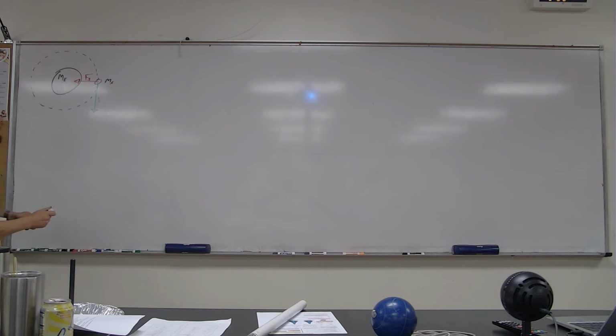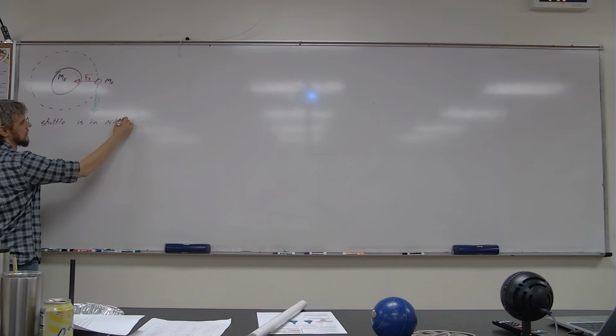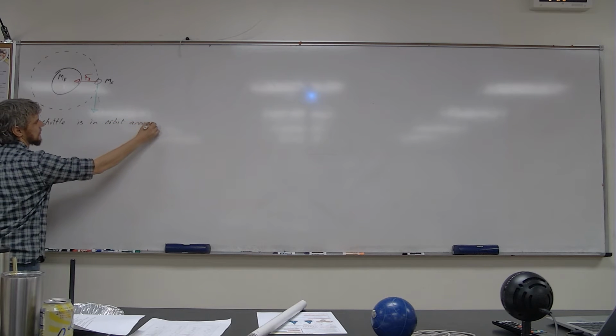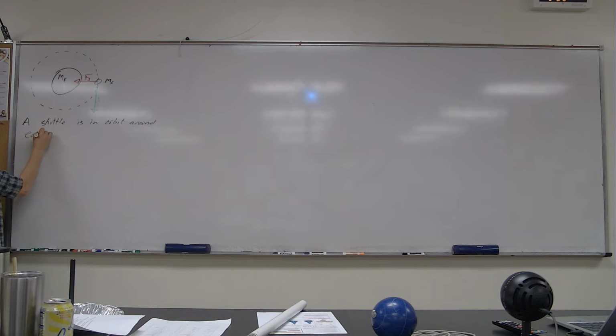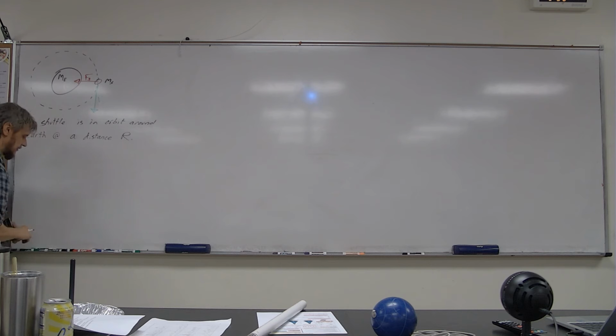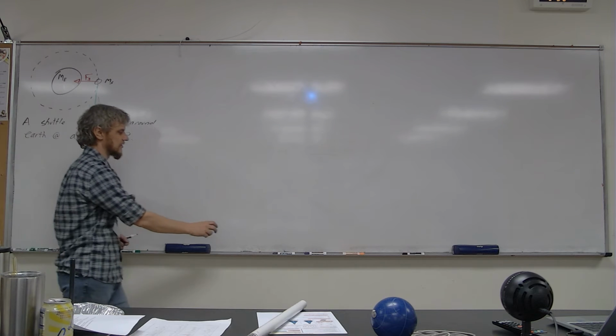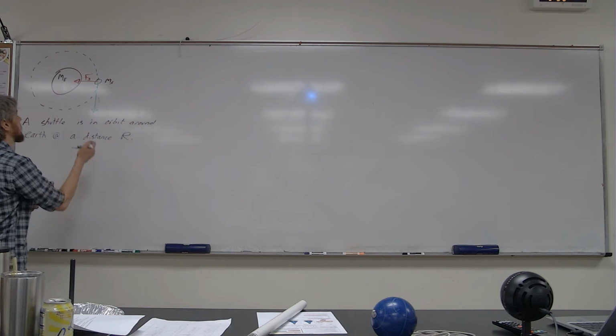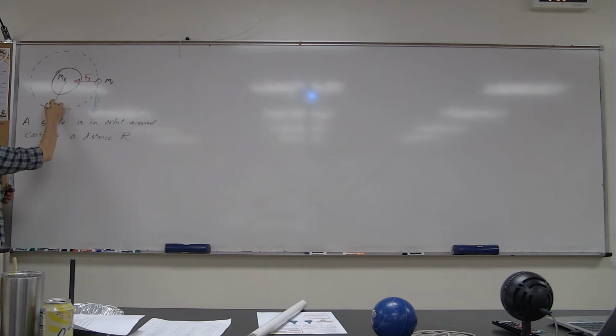And so the question might say something like, a shuttle is in orbit around the Earth at a distance r. So I'm just going to call it r, the orbital distance, not the radius of the Earth, just total orbital distance r.